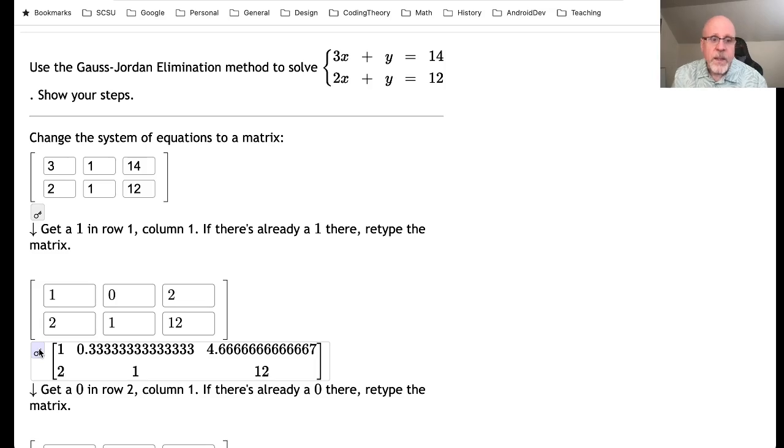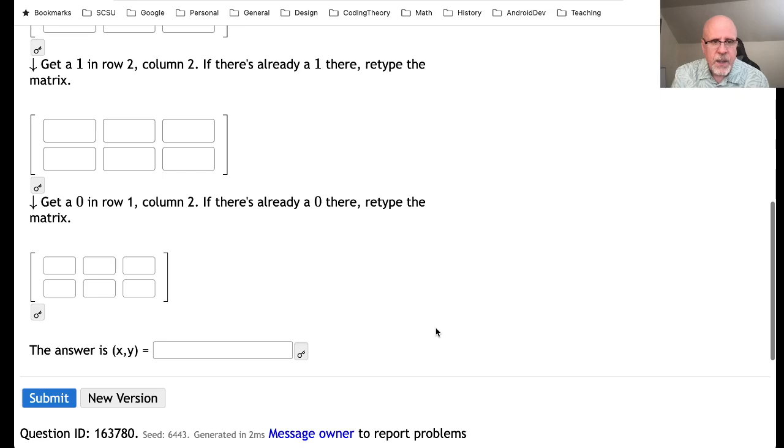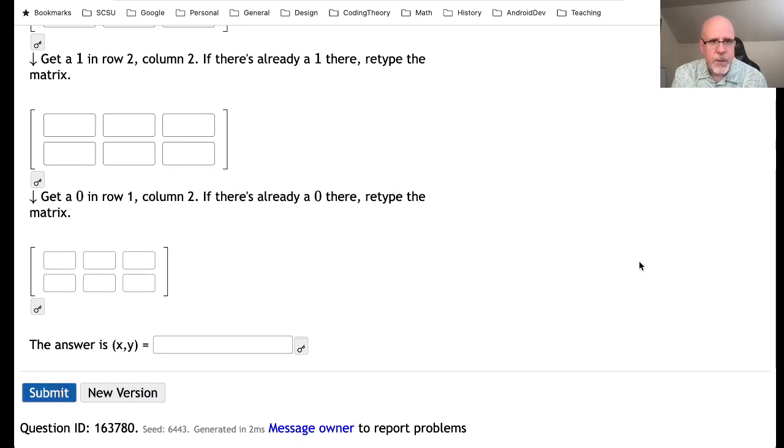Oh, look, they did it the other way, and they're getting all kinds of fractions now. I'm not sure whether they'll mark me wrong or right. I guess I gotta hit submit and see whether it likes that much of it.